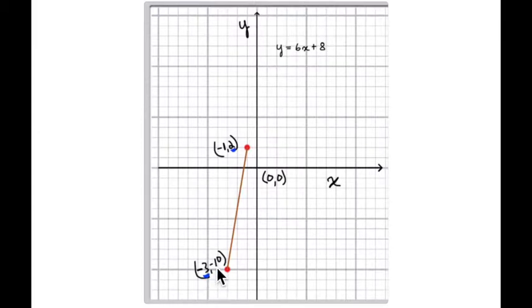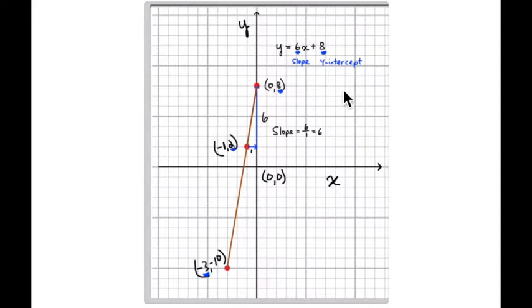So that was -3, -10, so this point. And then we solved it with y equal to 2. We got x equals -1. So this is -1, 2. Both of these points are on the graph of this equation, and both of these points are solutions to this equation, make this equation true.